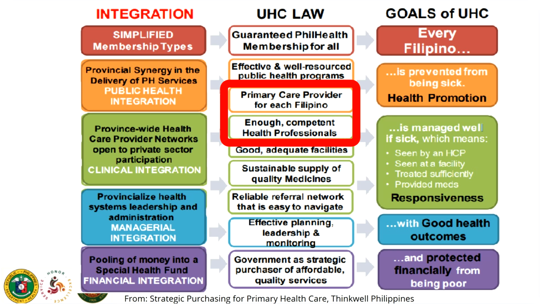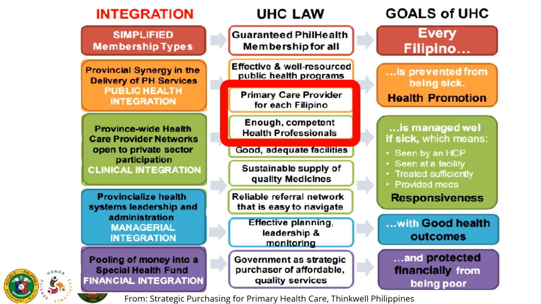So we can talk about the goals of UHC, that every Filipino should have access to. You have good outcomes, people are financially protected, and to be able to achieve that, you need the law.